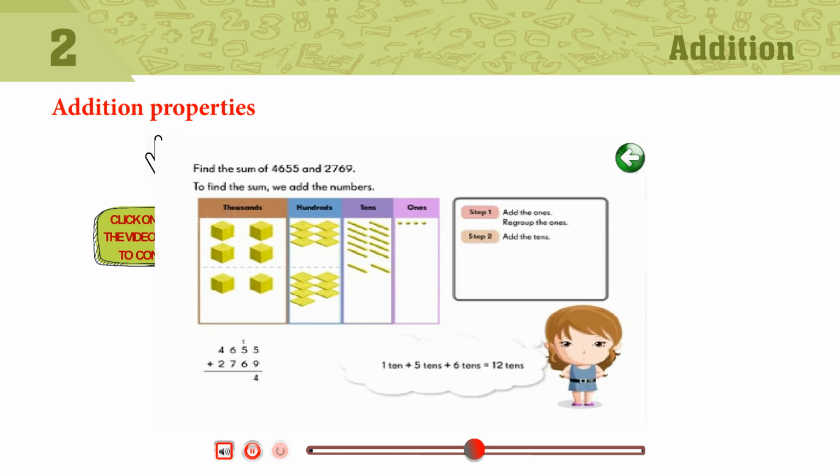1 tens plus 5 tens plus 6 tens equals 12 tens. There are more than 10 tens, so we regroup the tens. 12 tens is equal to 1 hundred 2 tens.